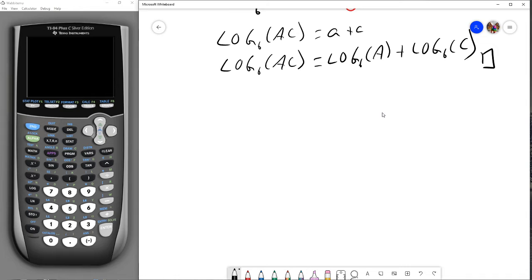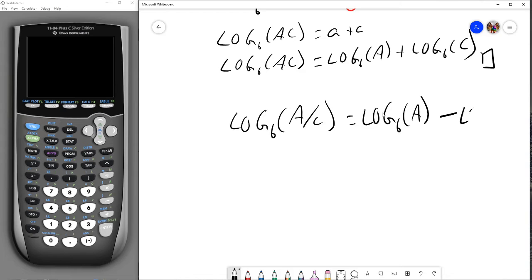Our last law of logs is the following. Log base b of a over c is equal to log base b of a minus log base b of c. When there's multiplication inside of the log, we had addition out here.